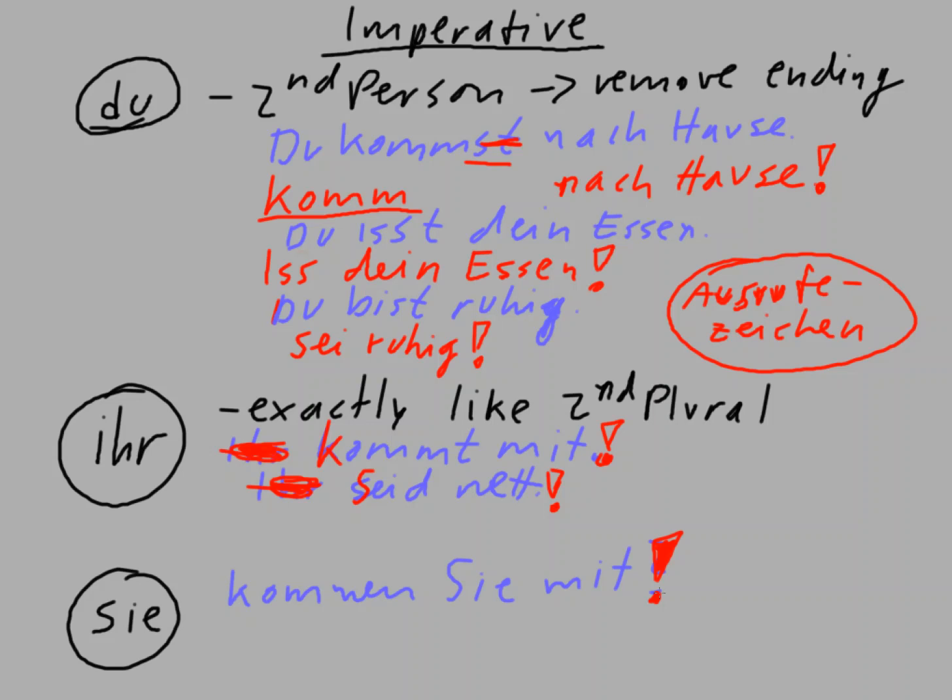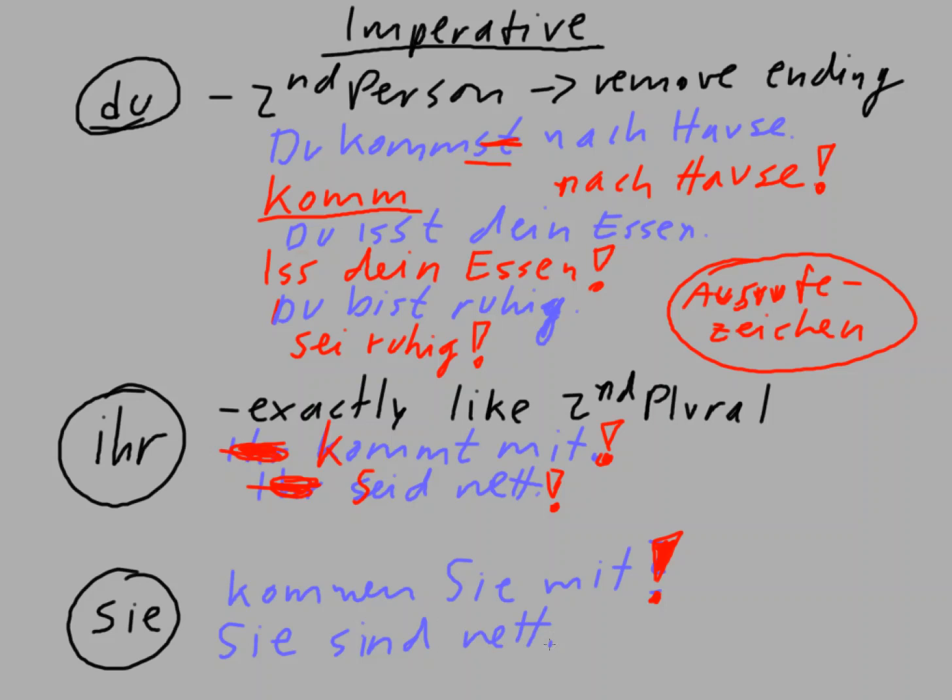Let's try that out also with to be. Sie sind nett. You are nice. Whoa, sir, you are a nice person.